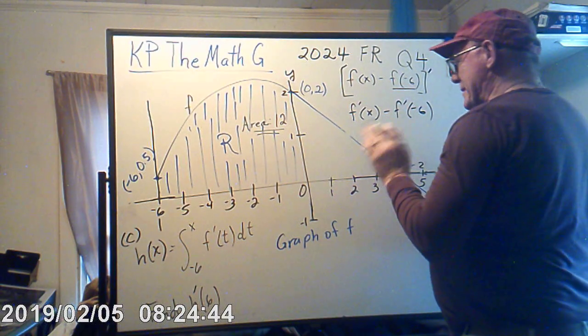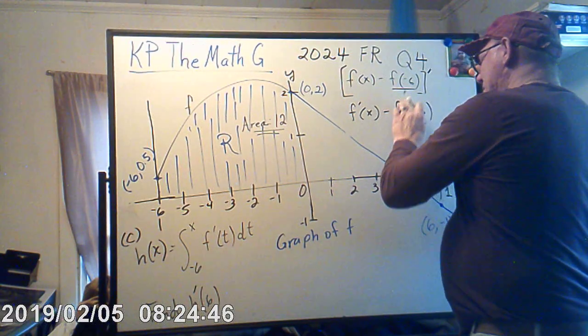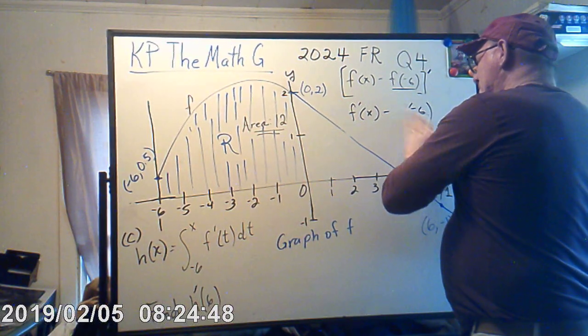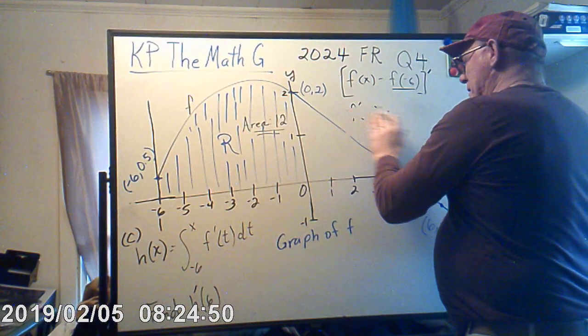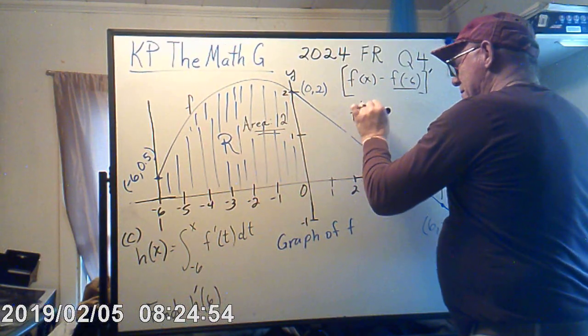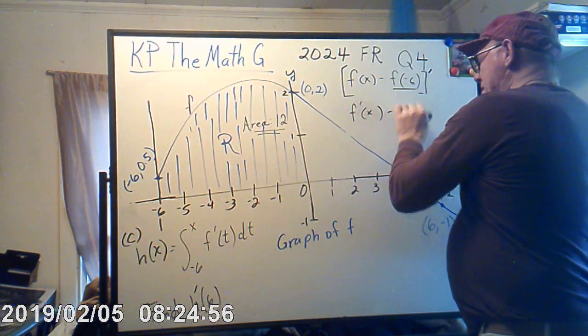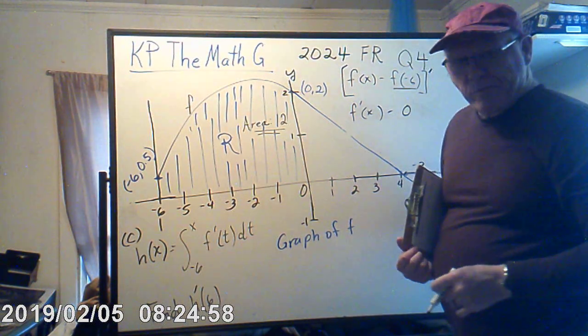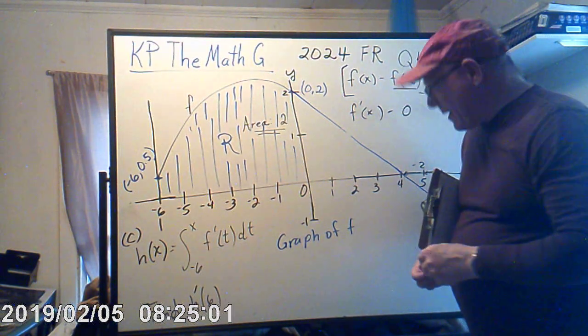No, you cannot do that. All of this is f prime, and then just minus 0 here. And that's what you got to remember there.